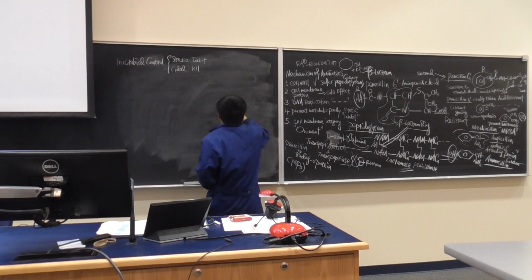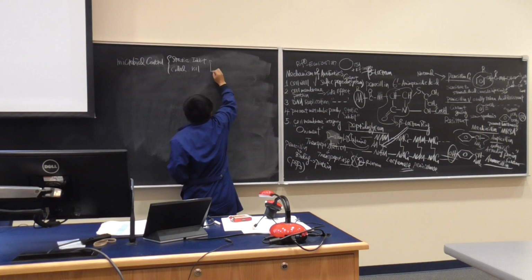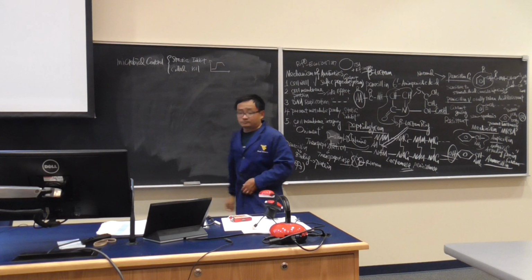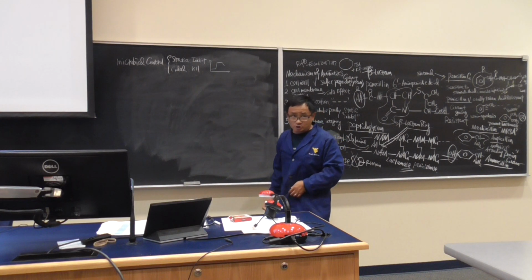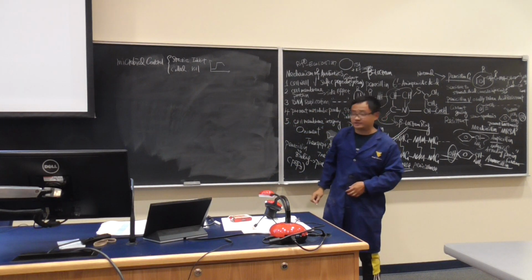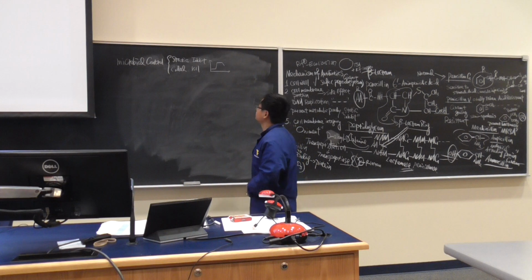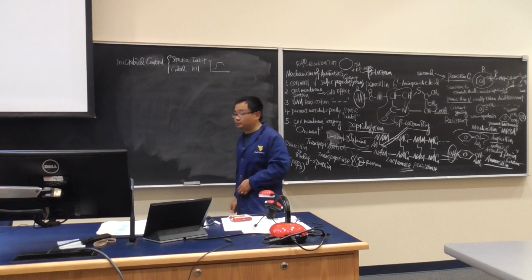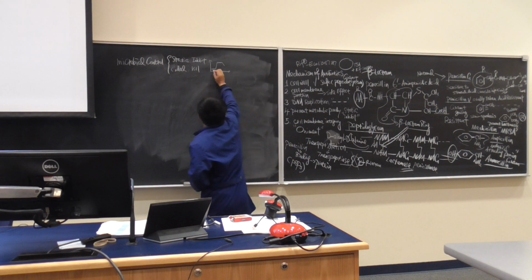Do you remember the bacterial growth curve like this? Lag phase, log phase, stationary phase, and death phase. What does inhibit mean? Inhibit means the bacteria still grow. The only thing is the curve could be like this, which means they have a longer lag phase.